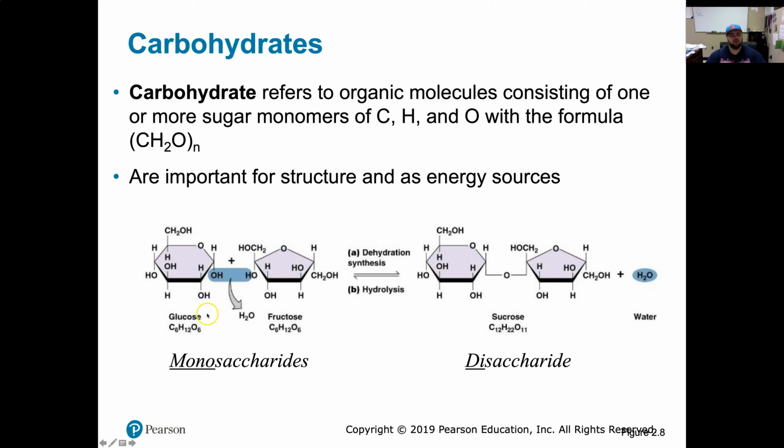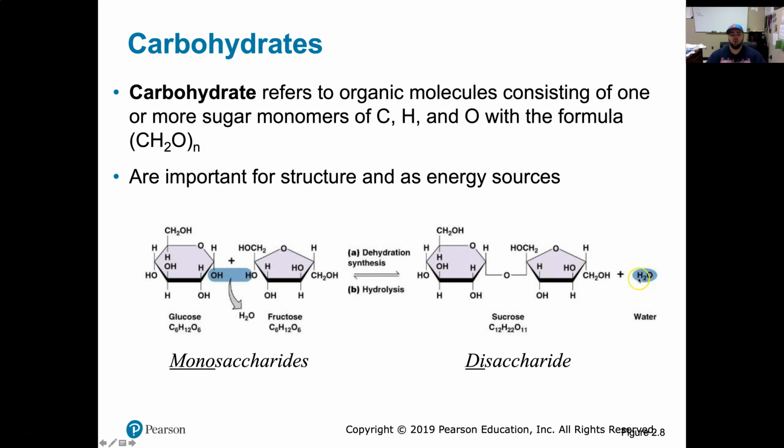But here you can see we have two monosaccharides, right? Individual pieces. We want to put them together to create a disaccharide. And this shows us that if we want to put these two things together, we use dehydration synthesis to get this as our product. The disaccharide and some water. Then the opposite can happen.